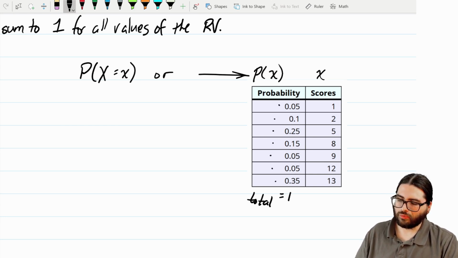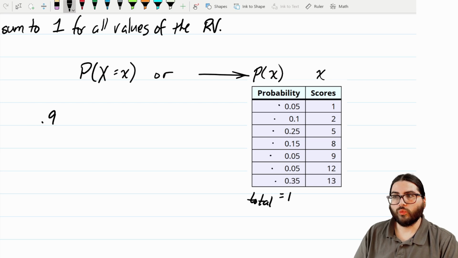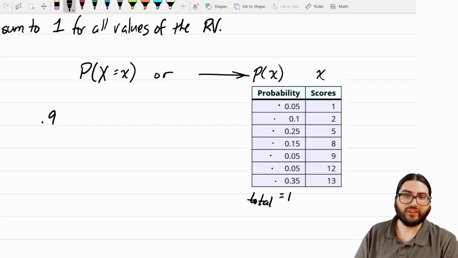Say, for example, I added all this together and I got 0.9, and for some reason I was 190 million% sure that this is the correct table, I have not missed anything, even though the overwhelming evidence says you're likely to have missed something, well, take all the numbers in your table and divide them by 0.9. And that would fix it.